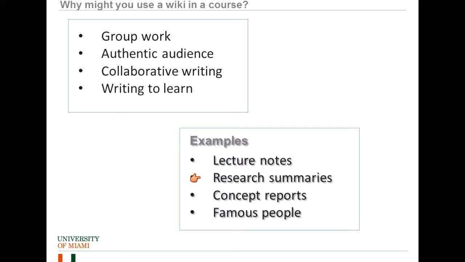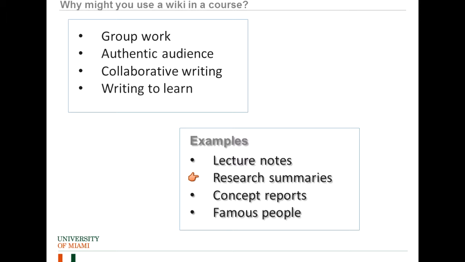Research summaries. If your course is research-based, a lot of research that the students will be reading and learning about, have them write their annotated bibliography in a wiki. Have them put down their comments, their summary, not the abstract from the research journal, but what they think about it. And then everybody can participate in that, adding, editing, whatever.